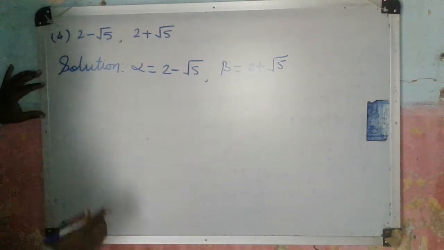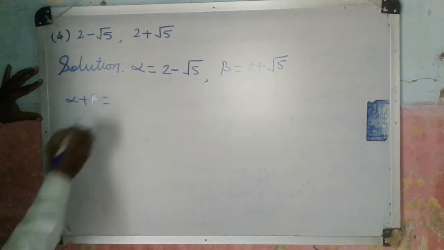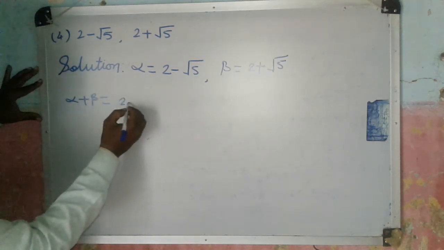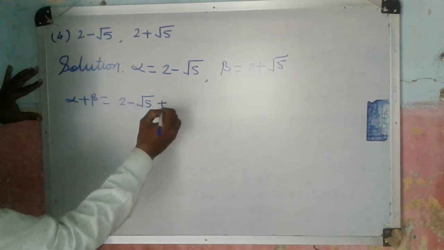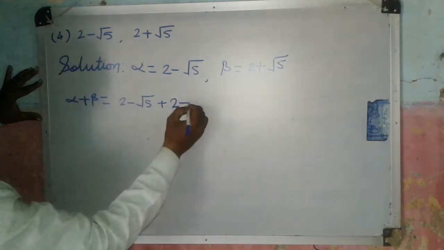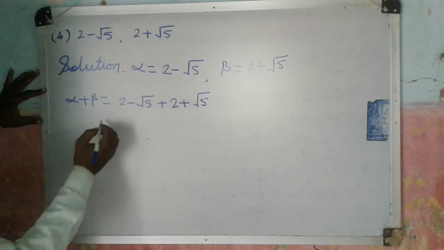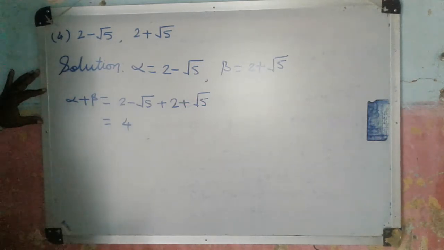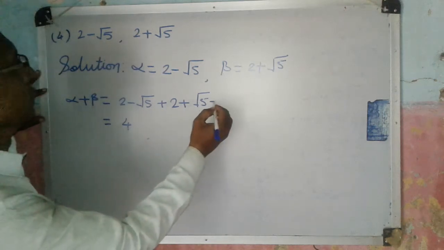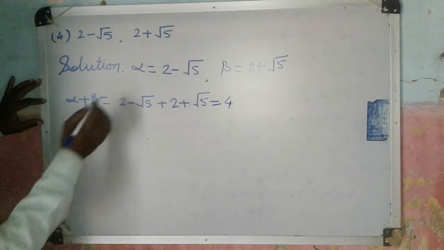Now addition of the roots, alpha plus beta is equal to 2 minus root 5 plus 2 plus root 5. So that is equal to 2 plus 2, 4, and root 5 minus root 5, 0. So that value is 4. So addition is 4.